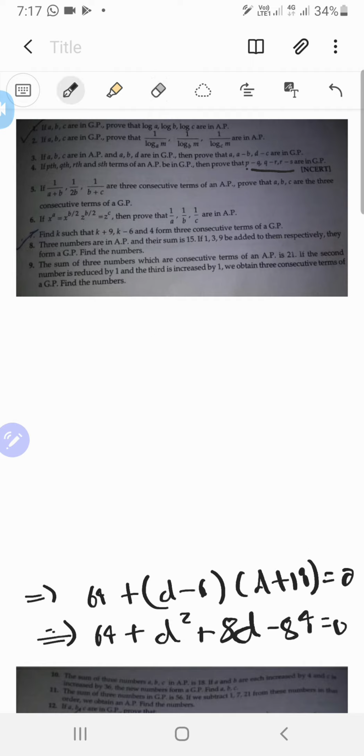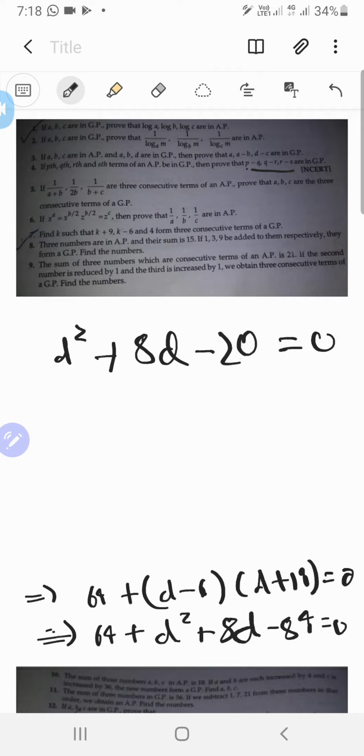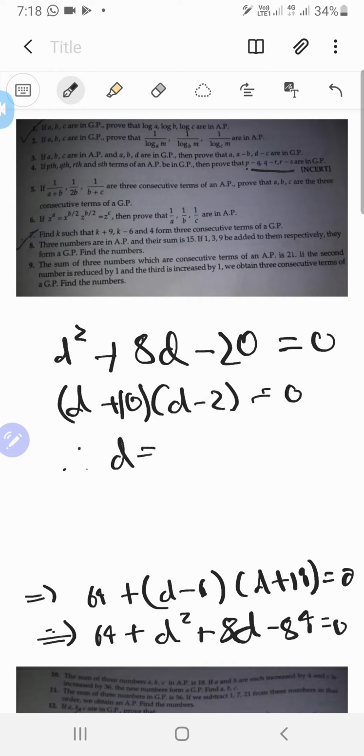So simplify this: d squared plus 8d minus 20 is equal to 0. So 20 can be broken as 10 and 2. So it's going to be d plus 10 and then d minus 2 is equal to 0. Therefore the difference is minus 10 or 2.